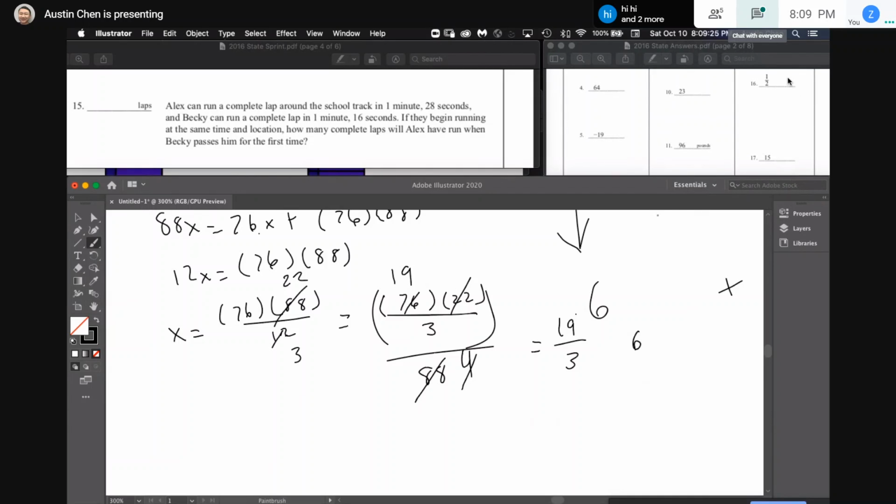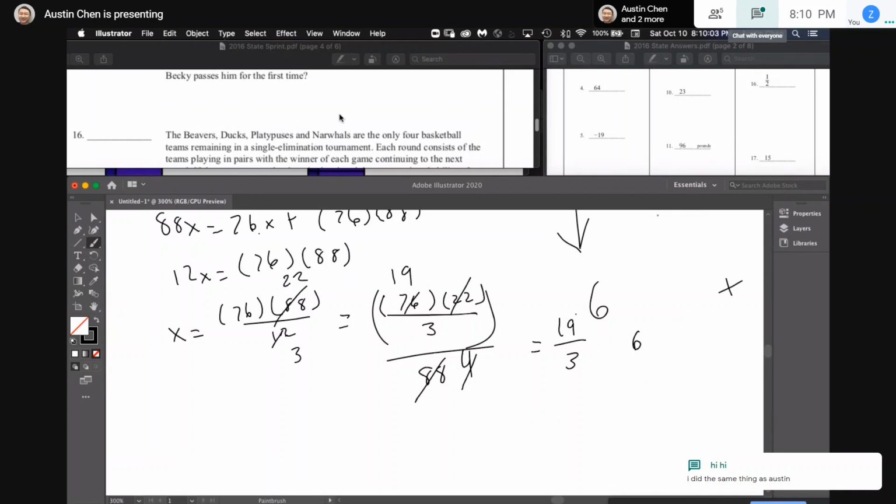After she finishes her 6th lap and is on her 7th, she will pass Alex. And so if she's on her 7-point-something lap when she passes Alex, then Alex will have completed 6 laps. Yeah, that's a good way to think about it.